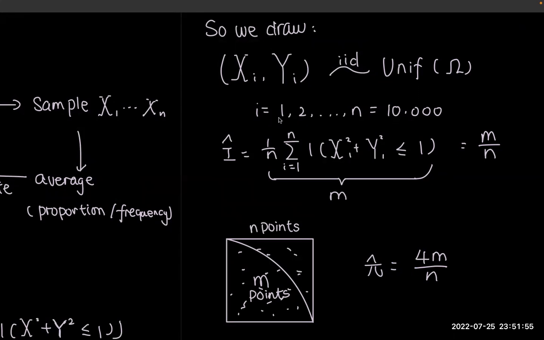So how often this point falls into A, the summation of those indicator functions counts how many times the random point xi, yi falls into A. If you divide this by n, you get the frequency. So let's call this summation m. So m over n is the frequency, or sample proportion.